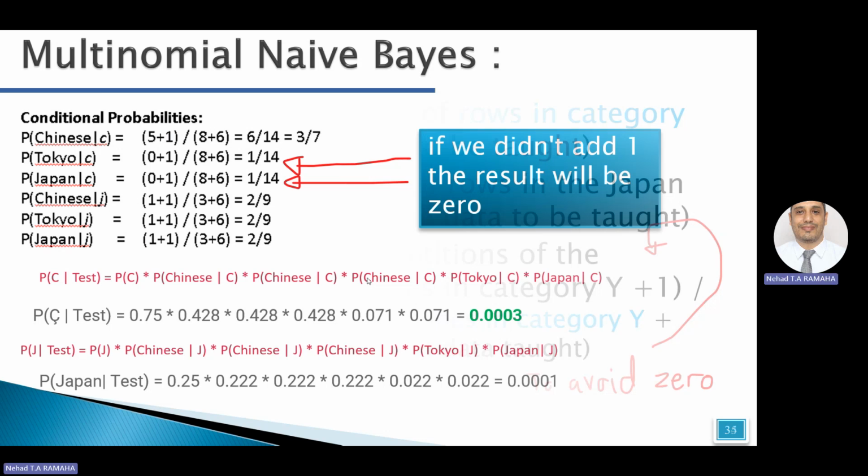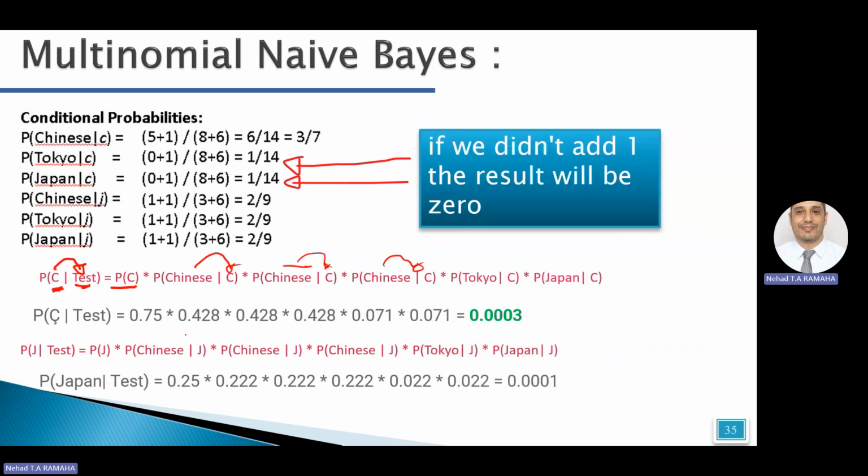Category C, China was category C. So we already calculated it here: this probability of China, this probability of Tokyo, probability of Japan. Of course, you remember the original rule is divided by something, for example the probability of China, but here we don't have only China, we have China and we have Tokyo.